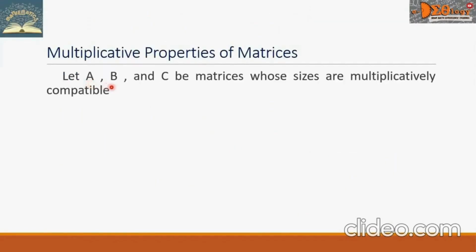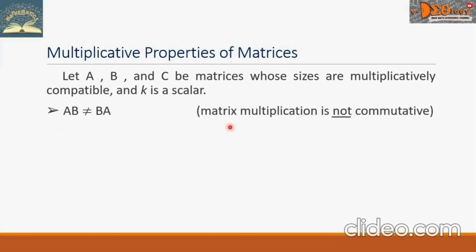Let capital A, capital B, and capital C be matrices whose sizes are multiplicatively compatible, and K is a scalar. First property, the product AB is not equal to the product BA.